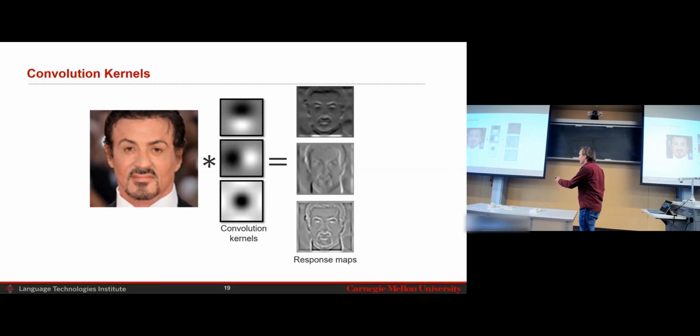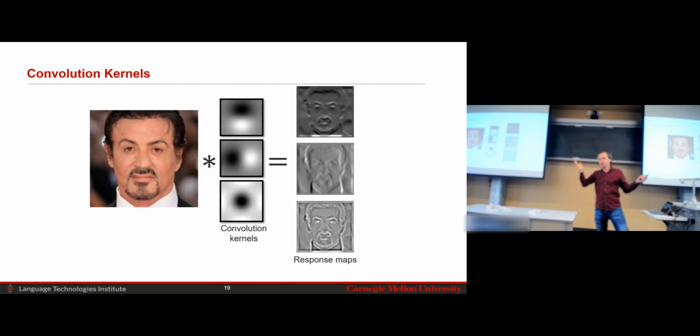Really, what they did here is take this and run it, usually on a grayscale version of the image, and that's what you get here. So convolution just means, if it confuses you, just think multiplication of a small template. A kernel is also just a fancy word for a template. So multiplication template, convolutional kernel.